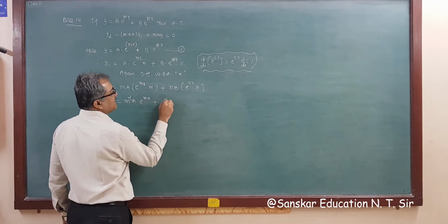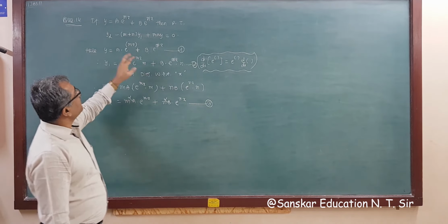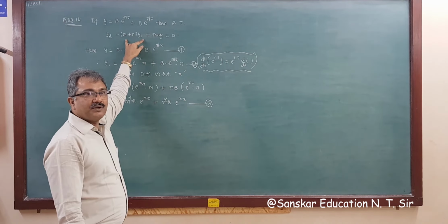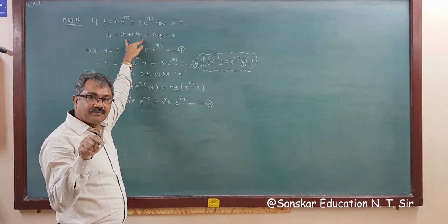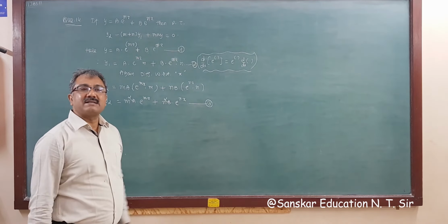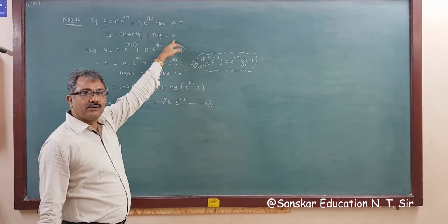Now, as I told you earlier, in this type of example, when an exponential function is given, find out what you want, y1, y2, and substitute the values in the left hand side and get the right hand side equal to 0.